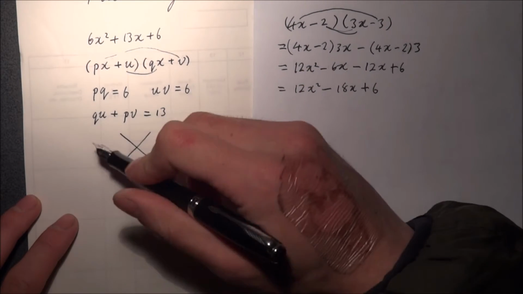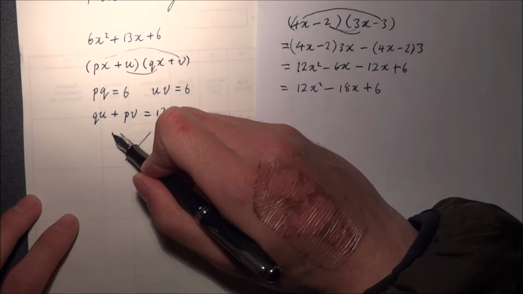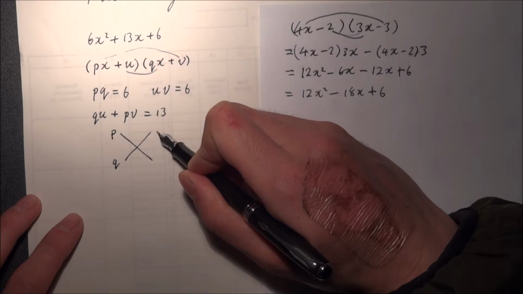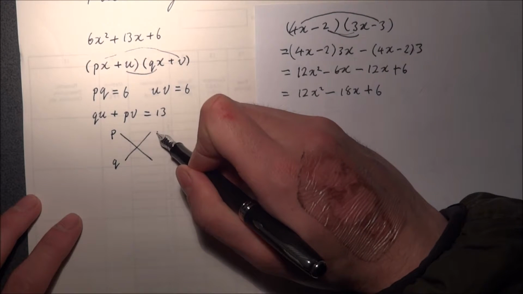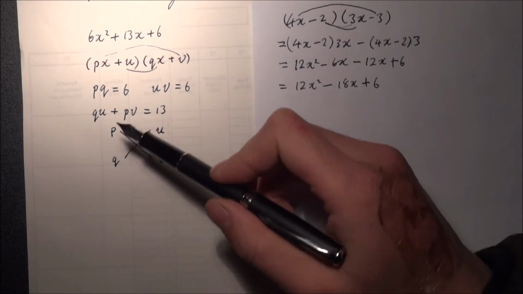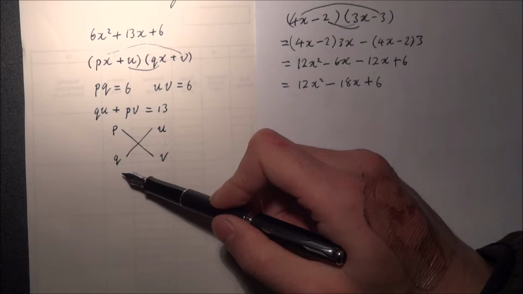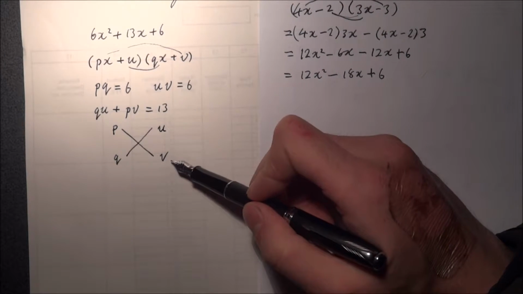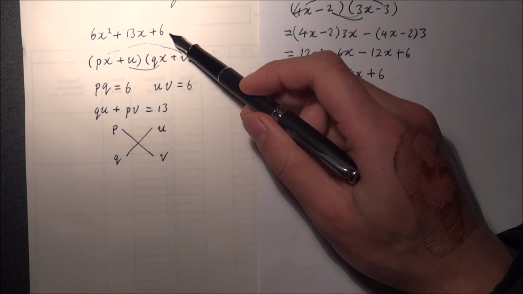Of course, we'll have to find out p, q, and u, v here. Obviously, p, q are the factors of the first x squared coefficient, and u, v are factors of the constant term.